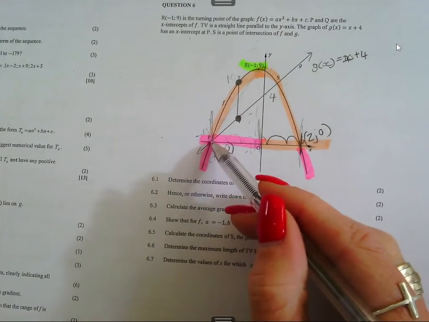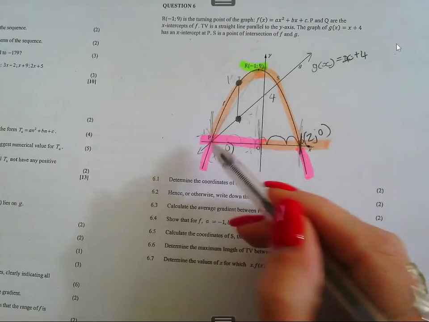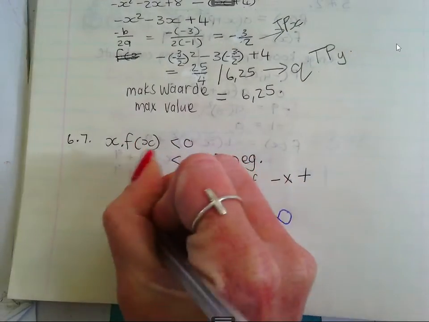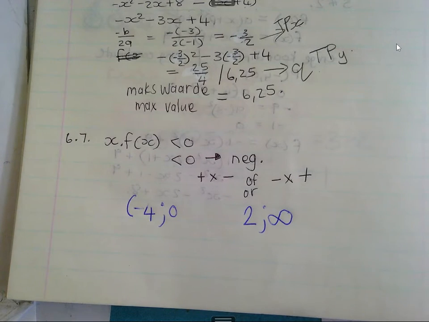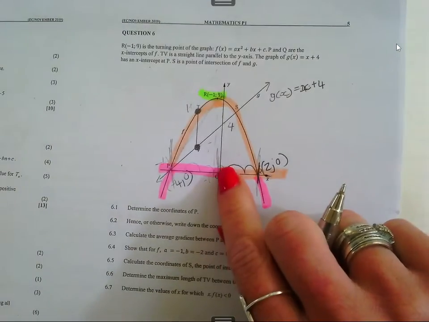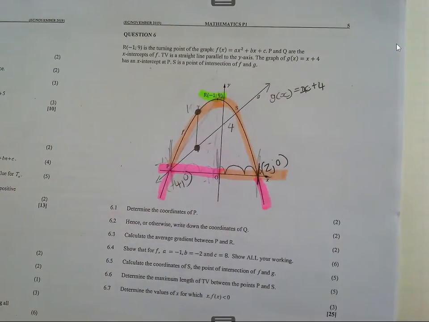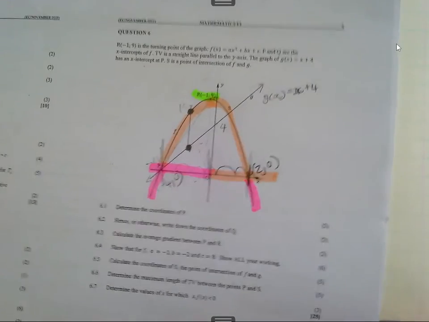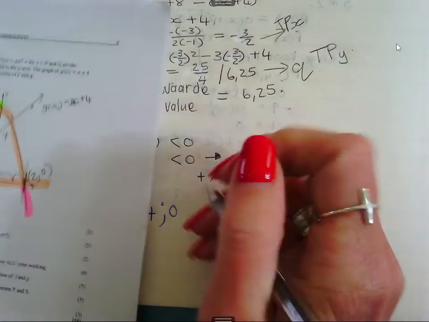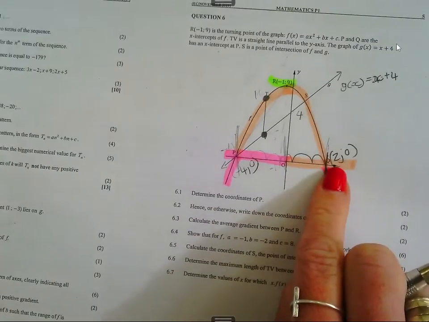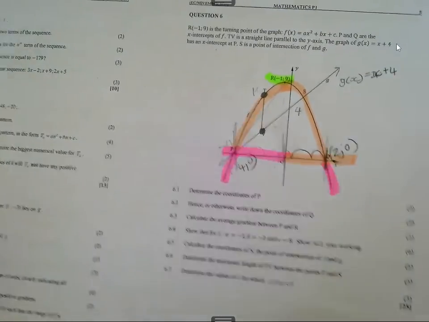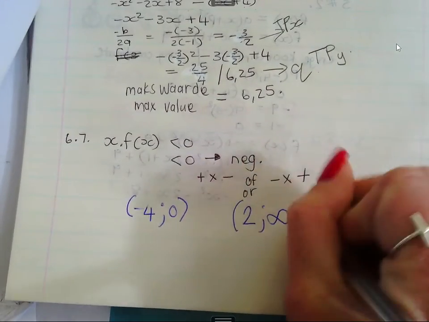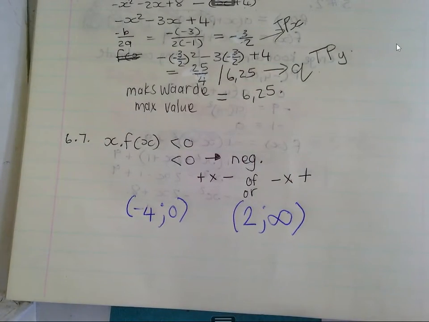Yes, the parabola is 0. So 0 times -4 would be 0. So I can't include -4. It will be a round bracket. At x is 0, I can't include 0. At 2, the parabola is 0. So I can't include 2. And I never include the infinity.